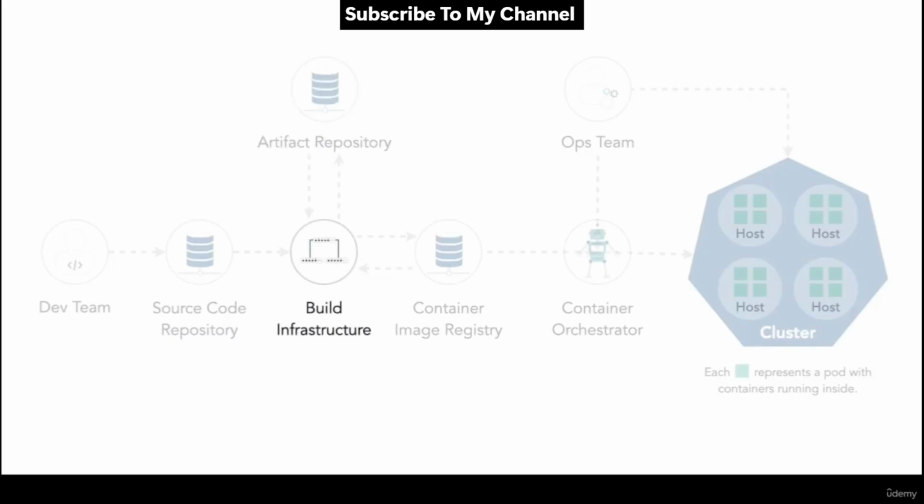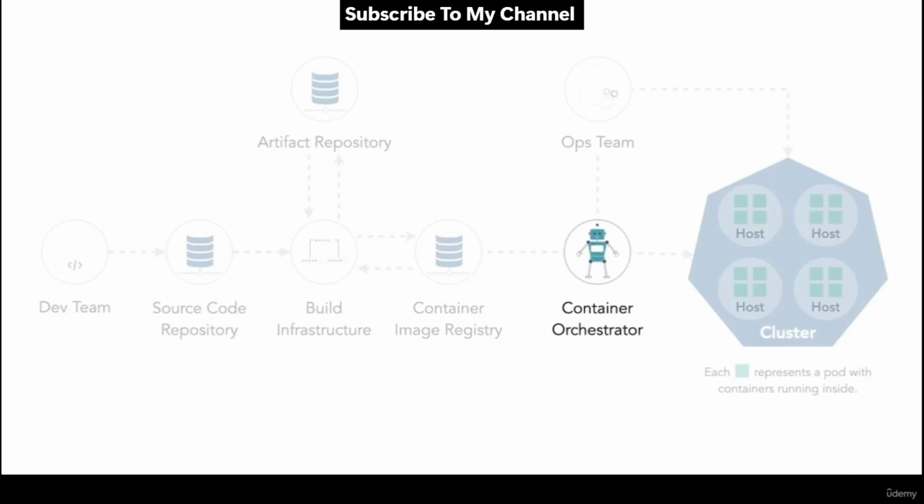The build infrastructure, along with its continuous integration pipeline, provides both the engine and the workflow to compile the source code and build container images. The images are scanned for security and can be trusted. These container images are stored in an image repository and accessed via a central registry.